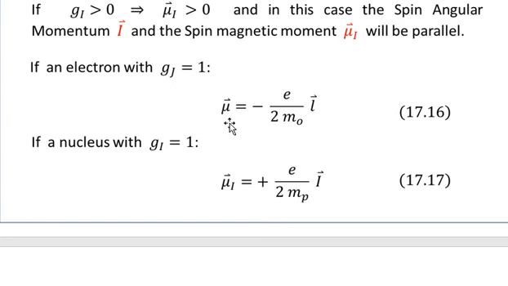But if you are writing it for the orbital quantity, that is mu L, with subscript capital L or small l, then mu L will be equal to minus e over 2m naught into L, where L is the orbital angular momentum of the electron, and mu L is then the orbital magnetic moment of the electron.